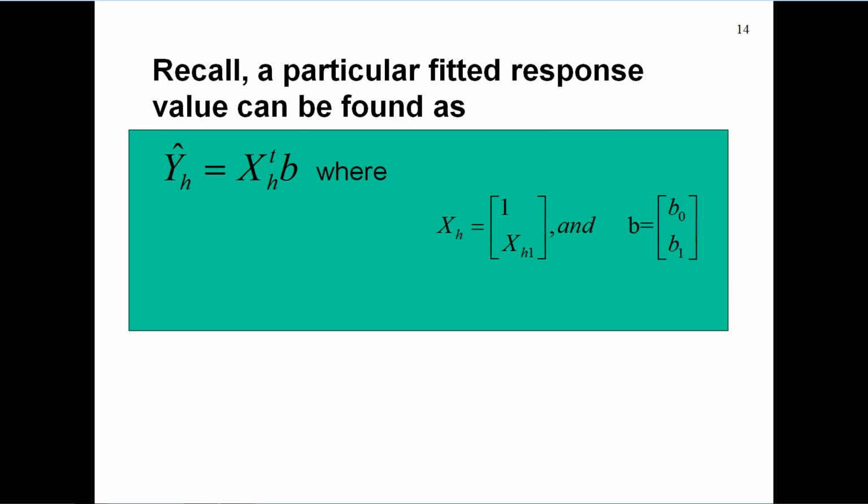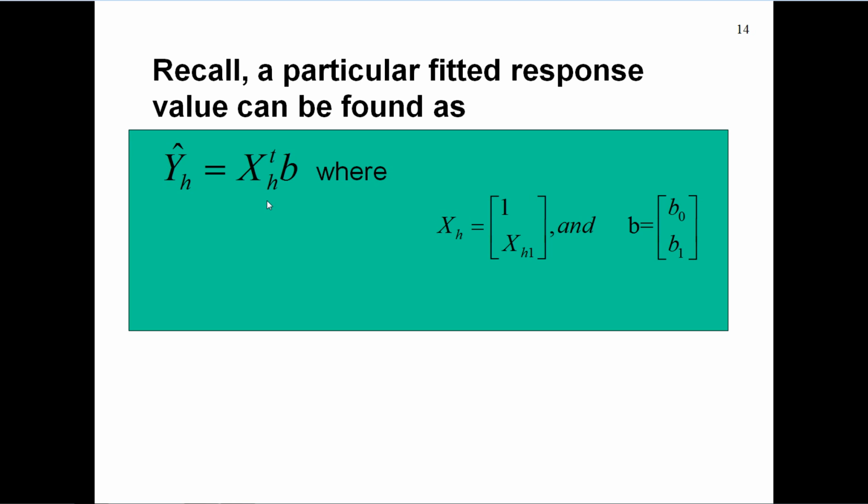Recall a particular fitted response. We take the value of x that we're interested in and write it as a column vector. Remember, the 1 is the multiplier for b0, which gives us our intercept term. Then we take the value of x and multiply it by the slope, which is estimated by b1.